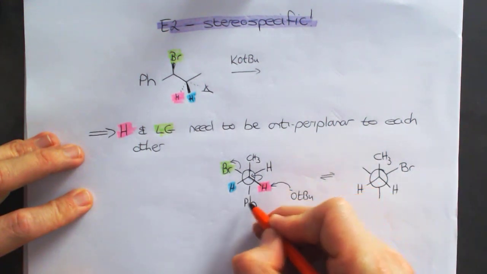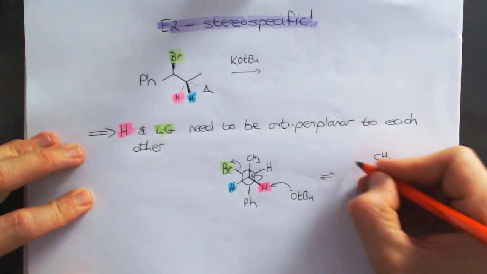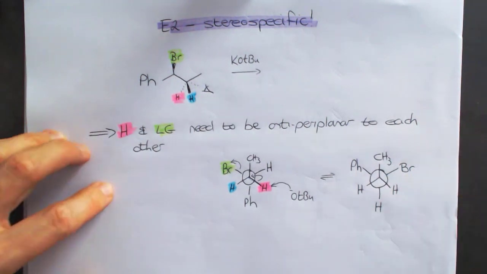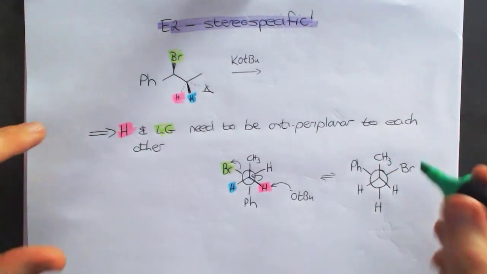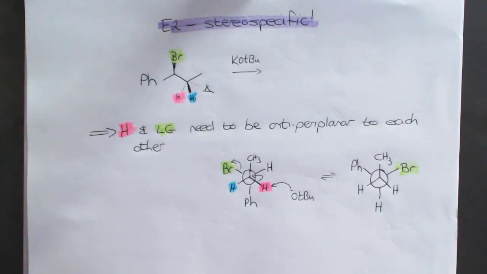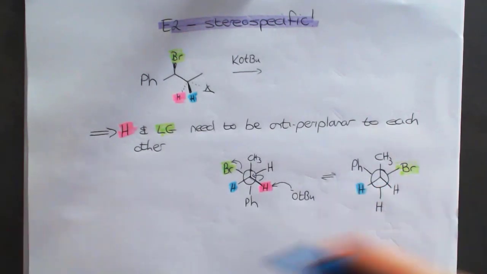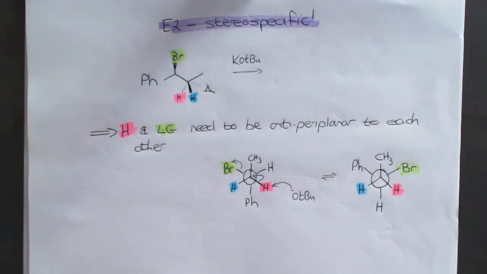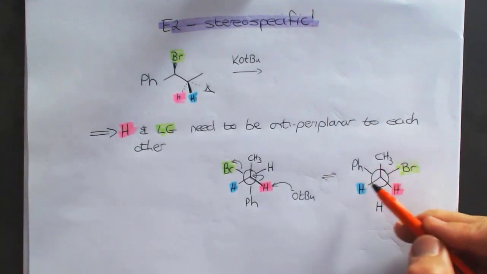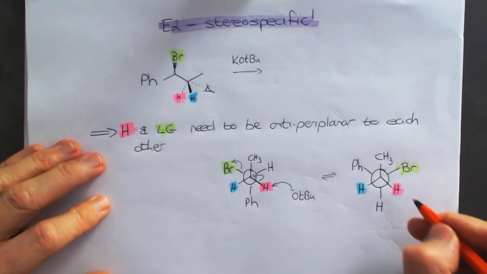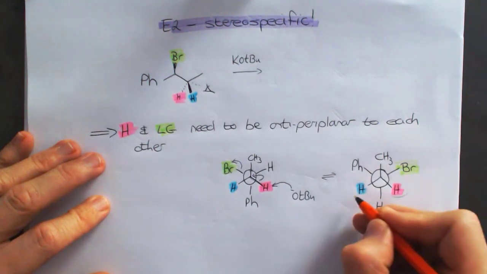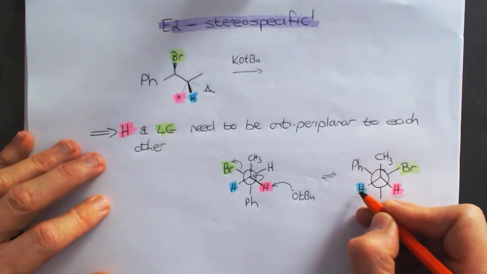That means this H goes down and this phenyl goes up there. So the bromine's on this side. In this reaction, if a base comes, it can no longer pick up the pink one. It would have to pick up the blue one.